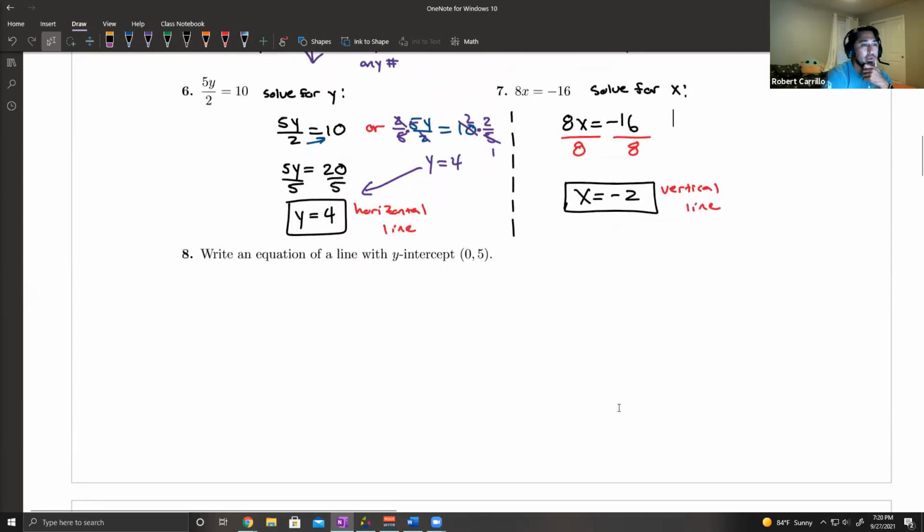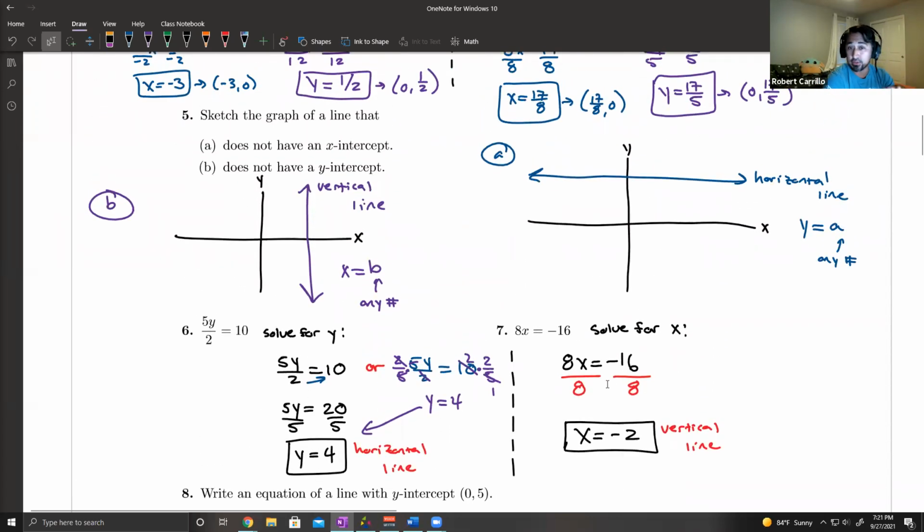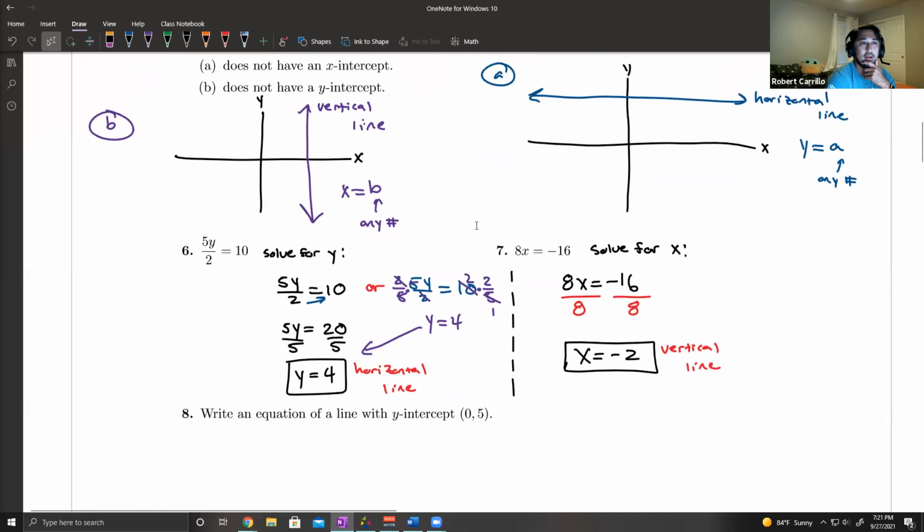Number 8. Write an equation of a line with the y-intercept 0, 5. Okay. So this is still working with the horizontal and vertical lines. So if we want to write an equation of a line with the y-intercept at 5, would I want to create an equation for a horizontal line or a vertical line? Horizontal.